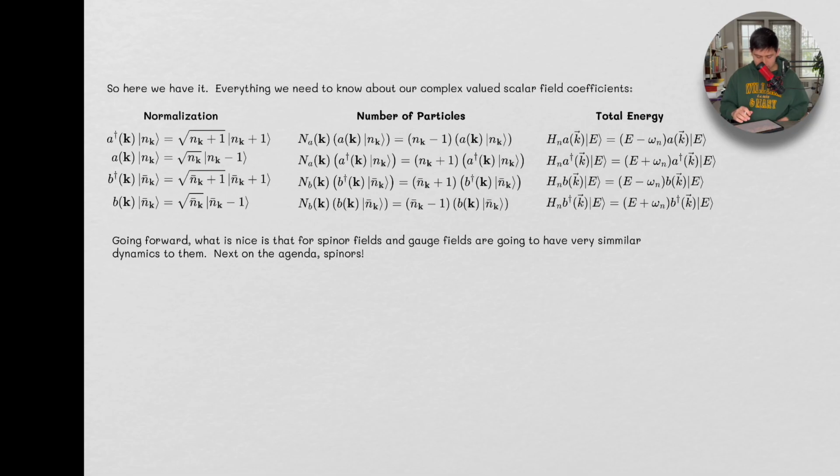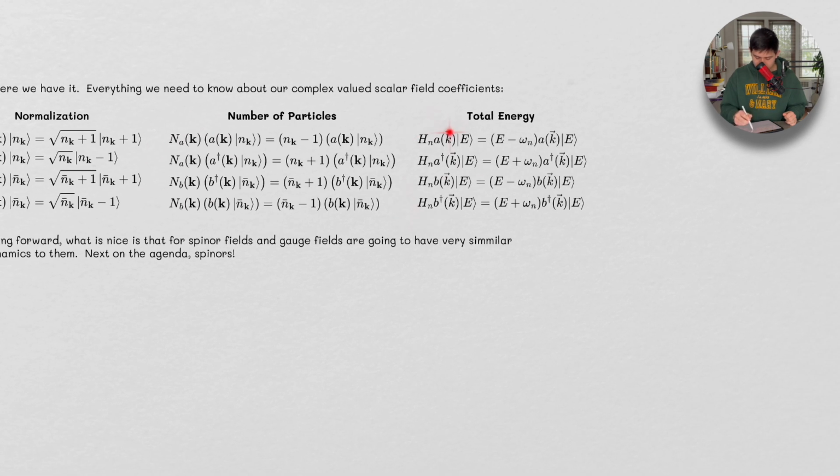All right, so let's sum everything up and call it there. Here we have everything we need to know about our complex valued scalar coefficients. We have these normalization factors. We have the number of particles, so A dagger, B dagger, B. These are all within the context of our number operators, and then all within the context of our energy or Hamiltonian operators as well.